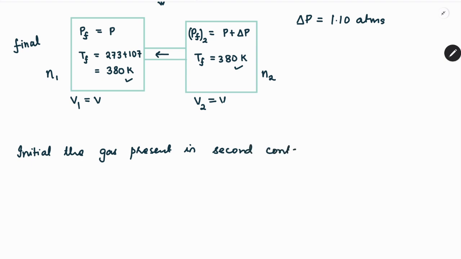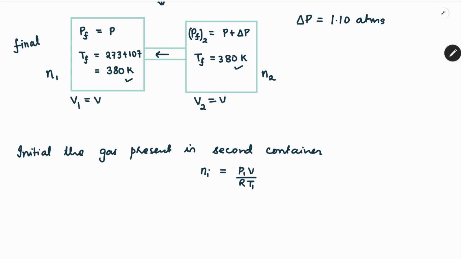So in the second container or chamber or vessel, we take this as Ni, and we say that the initial number of moles is equal to P1V by RT1. So initially P1 being equal to 1 atmosphere, the temperature being 300 Kelvin, and the volume is V.